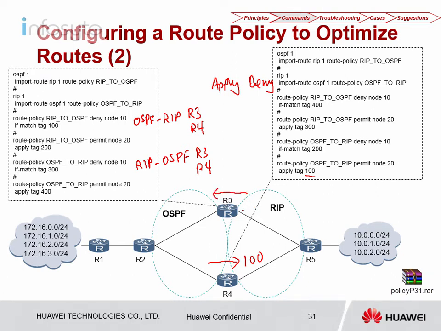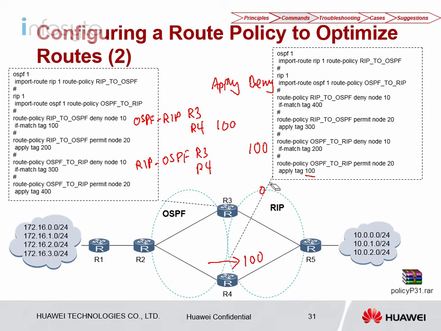Now when R3 detects that this is 100, so I have a 100 that is being applied in R4 just now, when I do the importing from OSPF to RIP on R4. So what R3 needs to do is to deny 100 from going back into OSPF. Clear? Okay, so that will be a tag of 100.